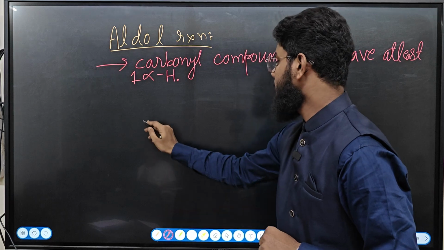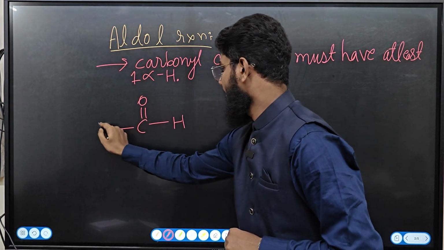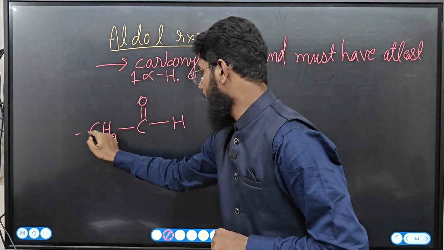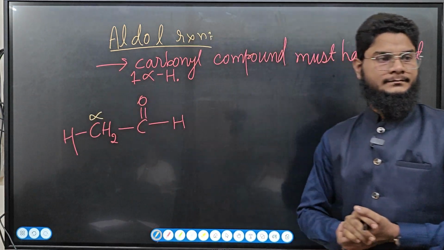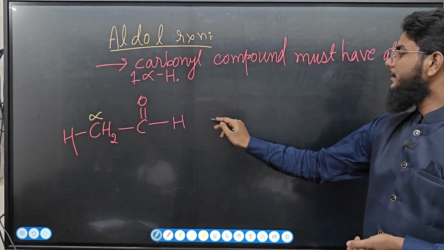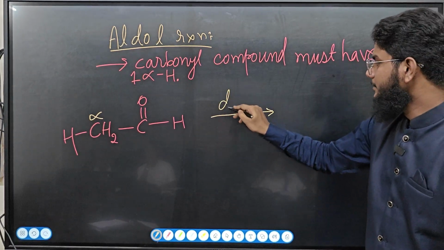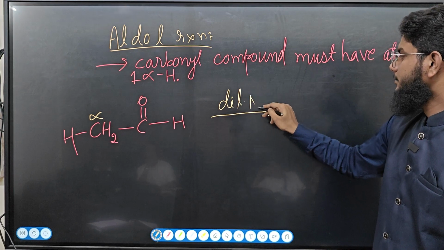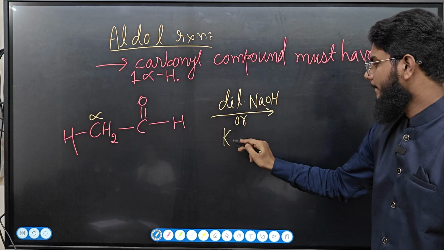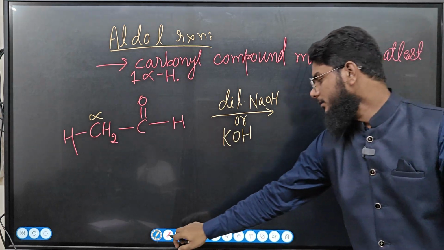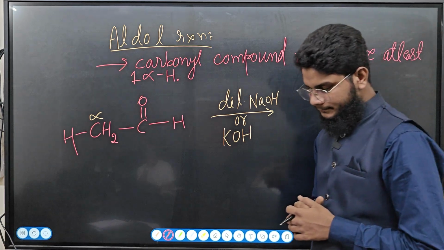And next, carbonyl compounds having alpha hydrogen. This is your alpha carbon, and if this carbonyl compound is reacting in the presence of dilute NaOH or KOH, potassium hydroxide or sodium hydroxide, then what will happen?